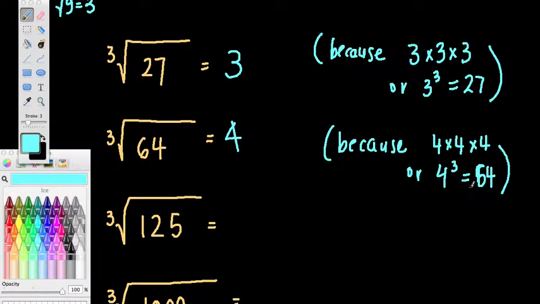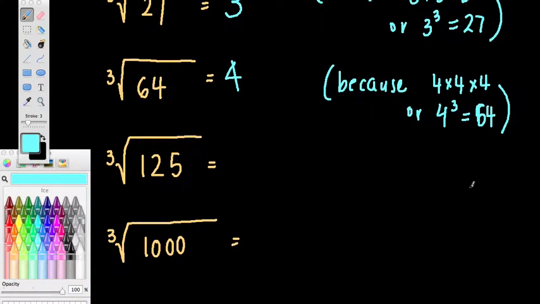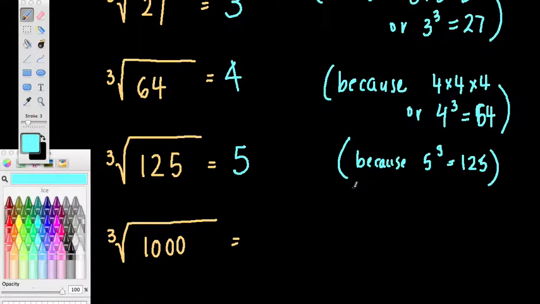Try the next one before I do it. You might have guessed it, yes? The cube root of 125 is 5 because 5 cubed is 125. 5 times 5 times 5.